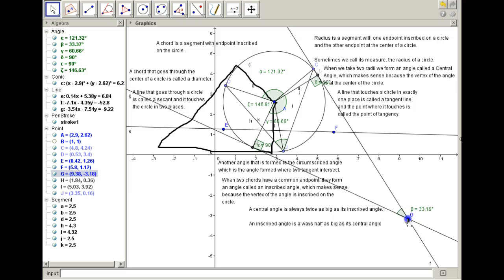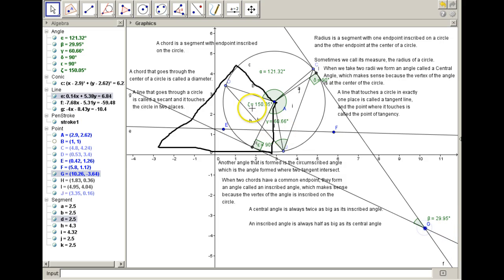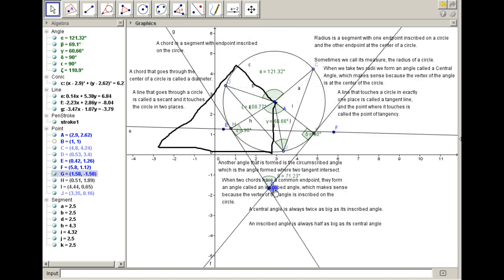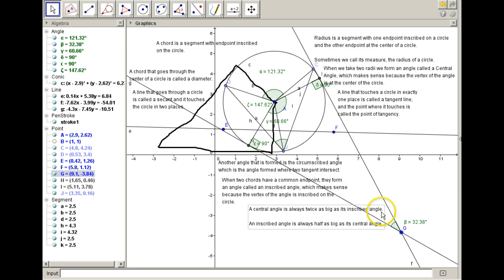You make that a wider and wider angle there, let's move it back in. 150.05 and 29.95. Add that together, 180. And notice that these two remain right angles at all times. They always remain right angles.